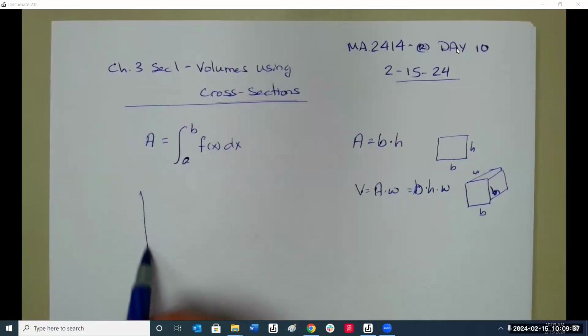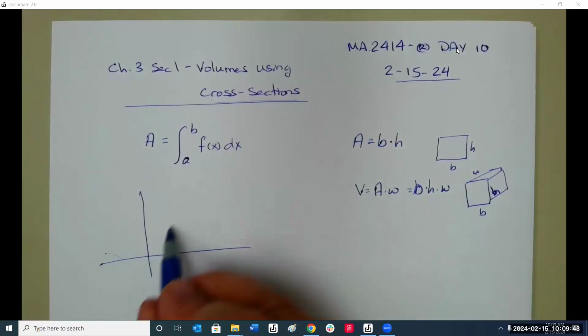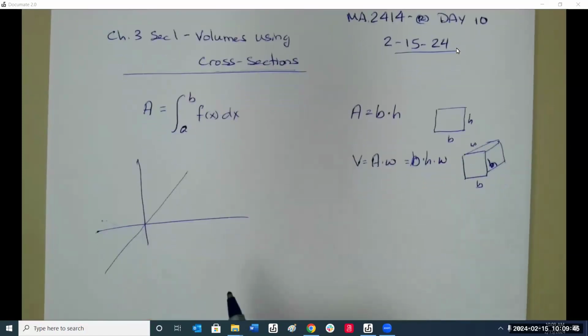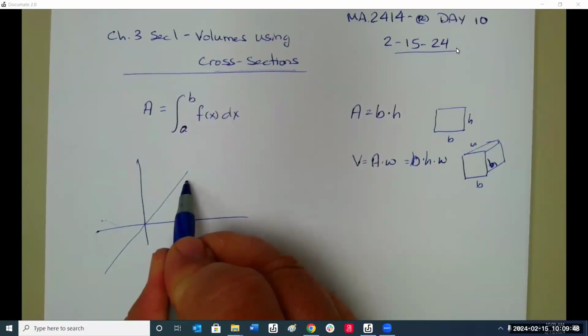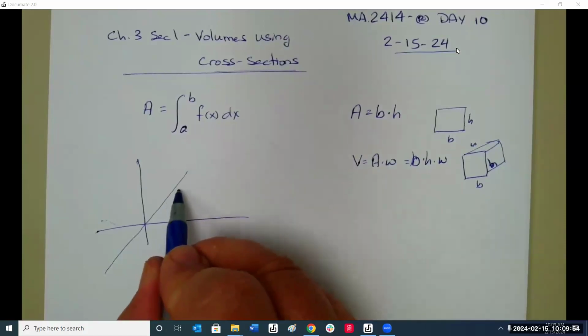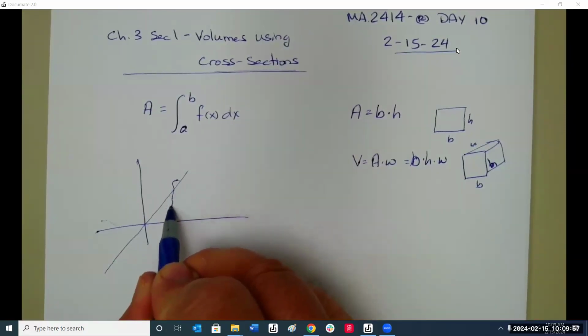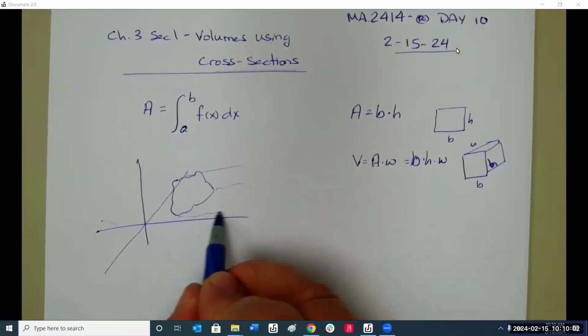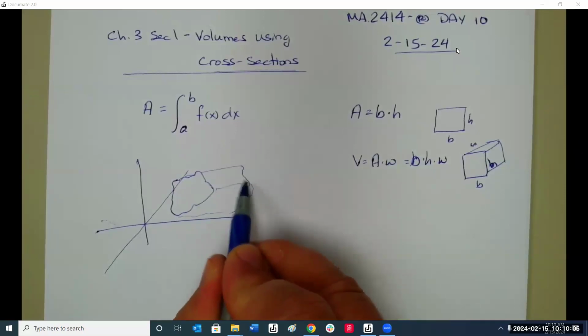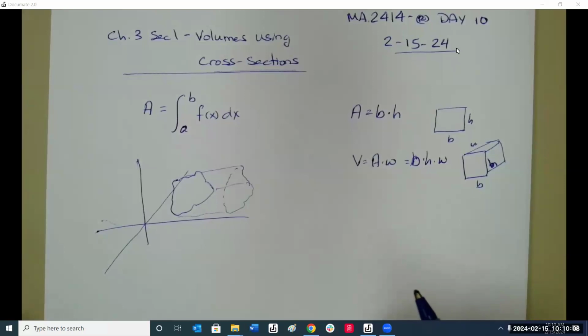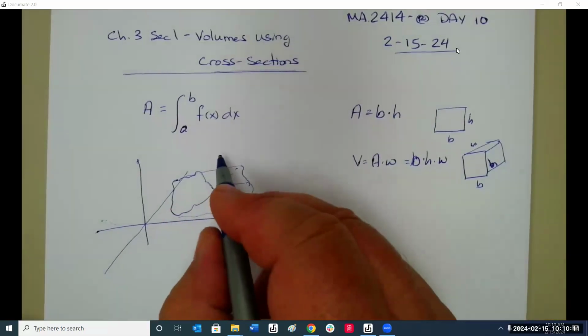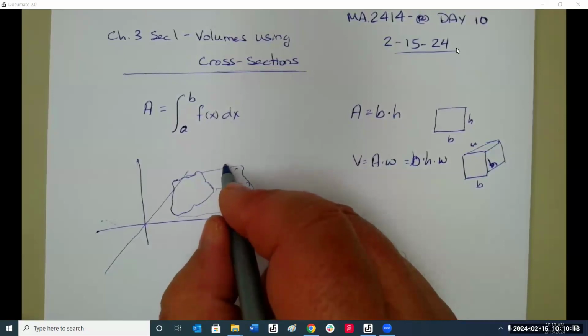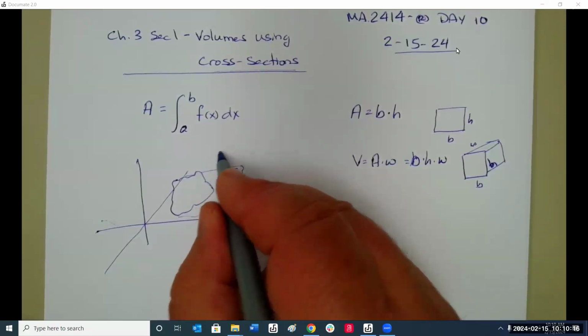In other words, if we had a 3-dimensional graph, because we have 3 dimensions, of any blob, any picture, we're going to take and slice this with a sheet.